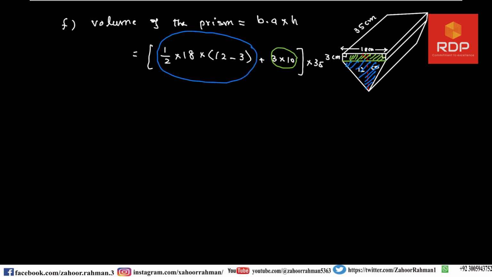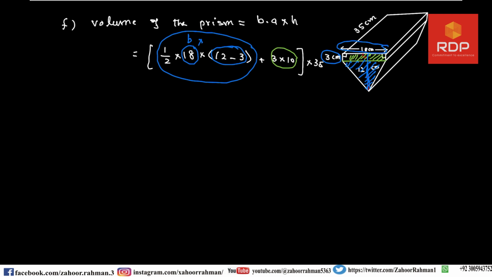Here you have to note one thing, that the base is 18, and that I have written here, and height is this red line from here to here. So I have to subtract this 3 from the height. So 12 minus 3 is from here.